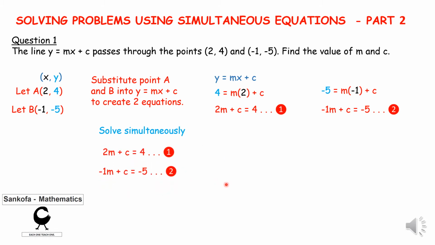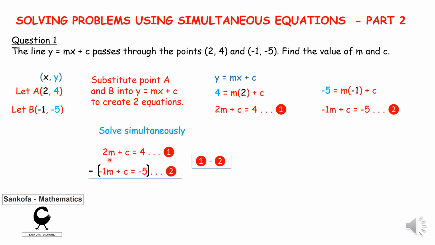All right, so I am going to use the method of elimination, because I can eliminate the c's, and when you are eliminating and the signs are the same, you subtract. So I'll be subtracting equation 2 from equation 1. I'm putting my brackets there to help me navigate through the problem nicely.